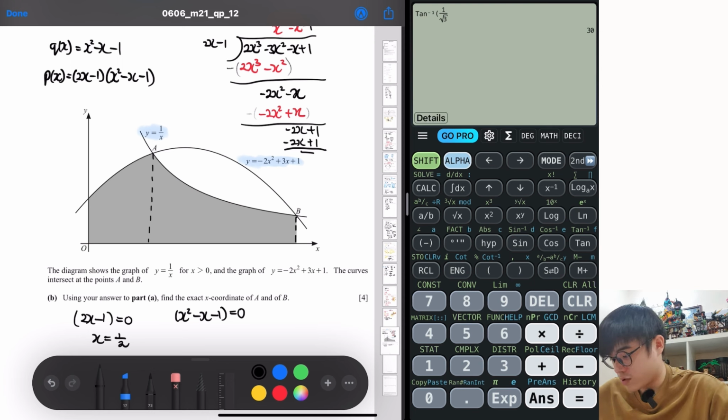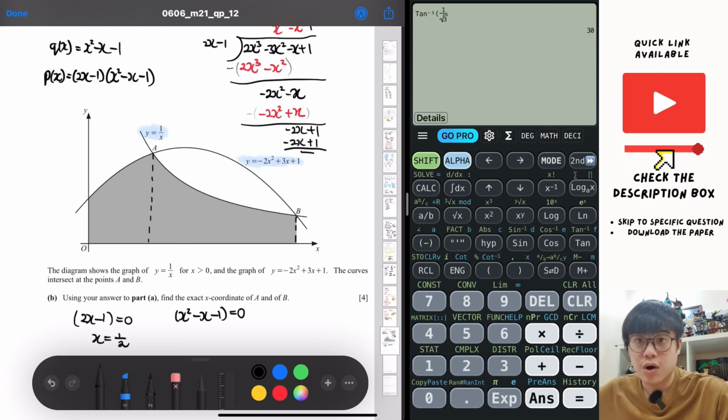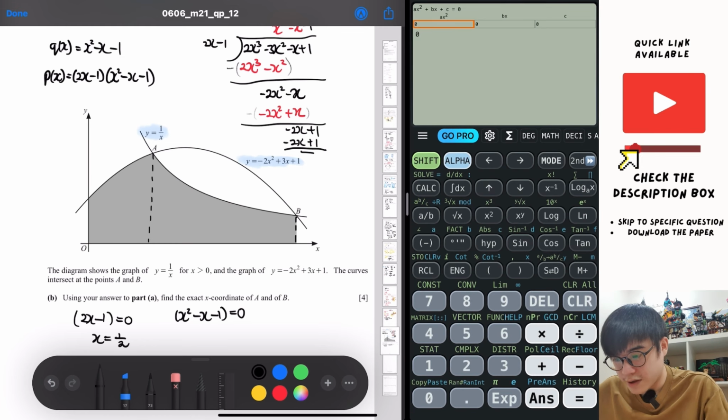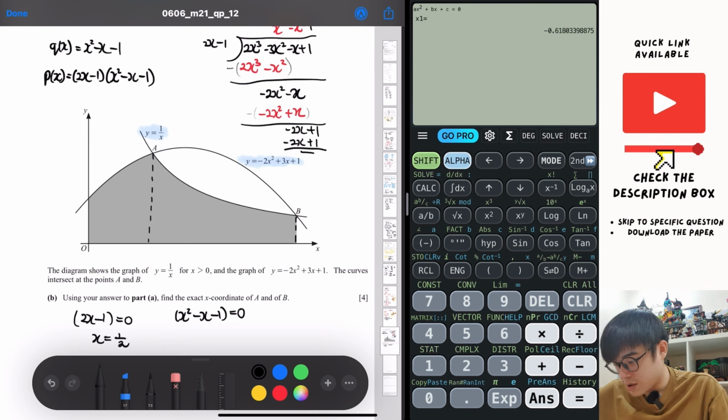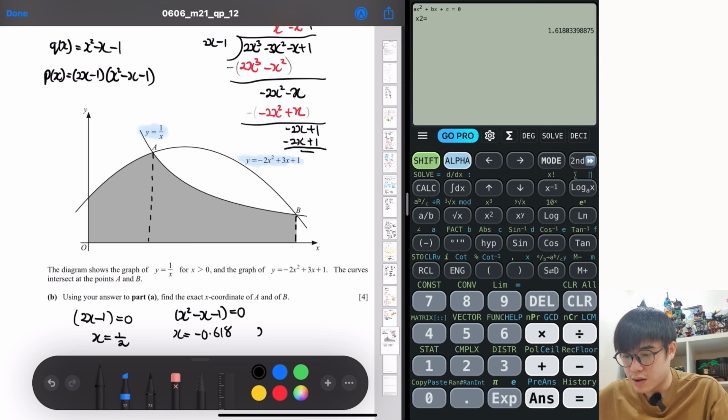So for our remaining coordinates that we are trying to identify, you can now use your quadratic formula. So key in 1, -1, -1. You get the points as x equals negative 0.618, or the other one as x equals 1.618.